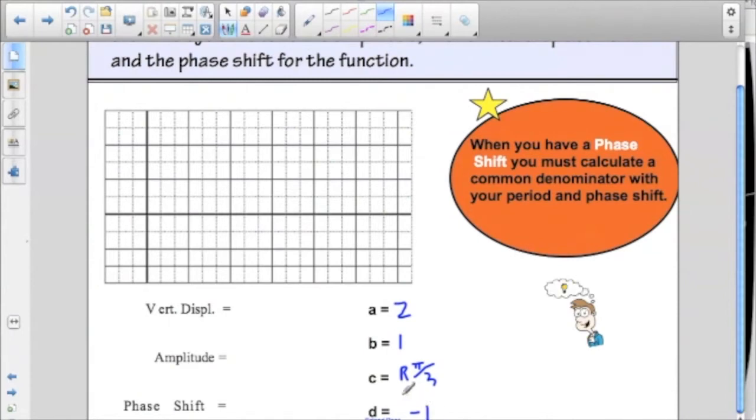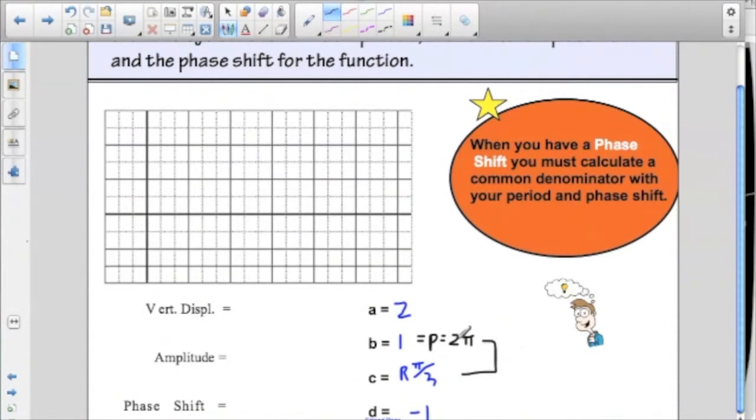We are going to now graph it. But like I said before, we've got to find the period once we have the B. So it's 2π over 1, so we know it's 2π. Just remember, the period is 2π. You've got to remember that when you're doing a phase shift and you have the period, they have to be in the same denominator.